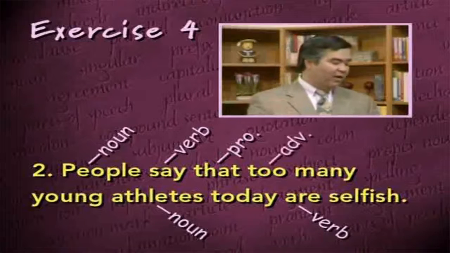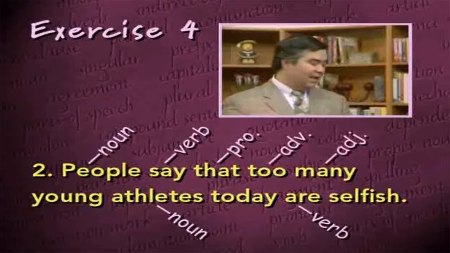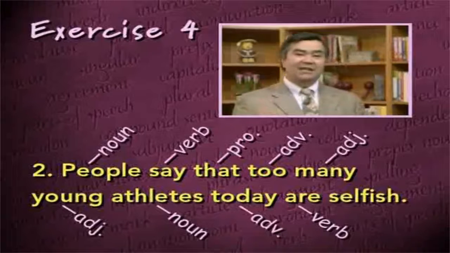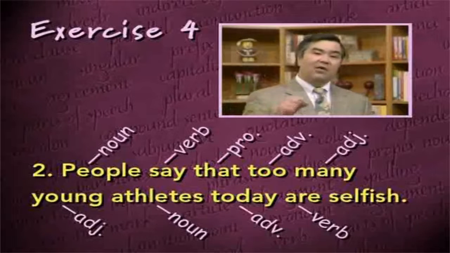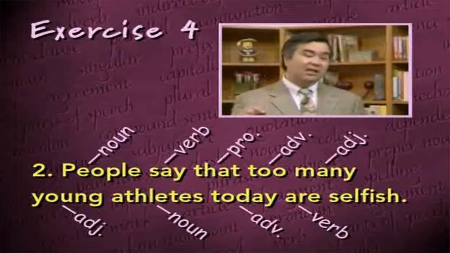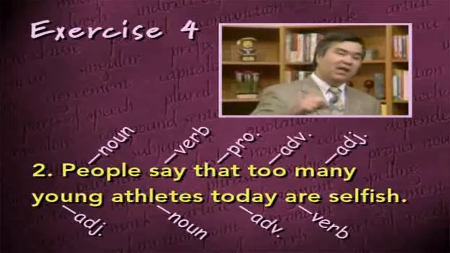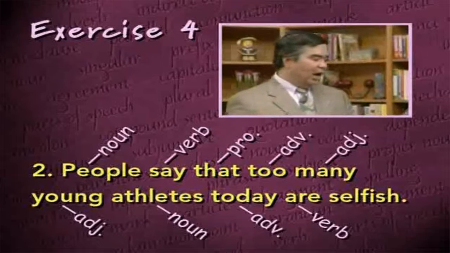Too is an adverb modifying the adjective many. Young is another adjective modifying athletes. And today is an adverb which modifies the verb are. That is, the young athletes of today are selfish. When are they selfish, or how are they selfish? They are selfish today. So the adverb today modifies that verb are.